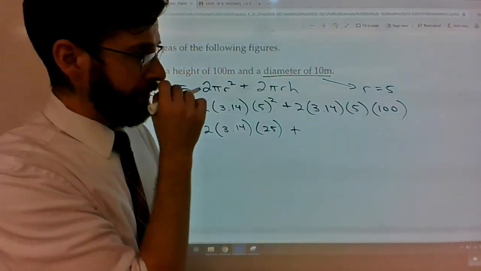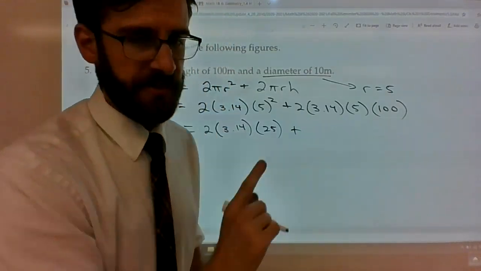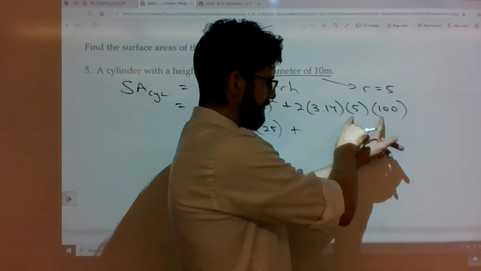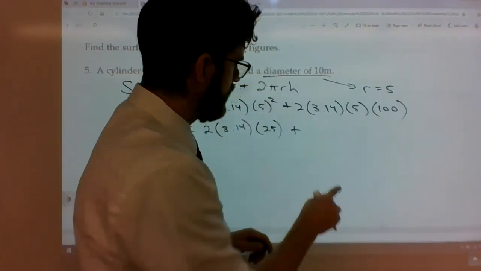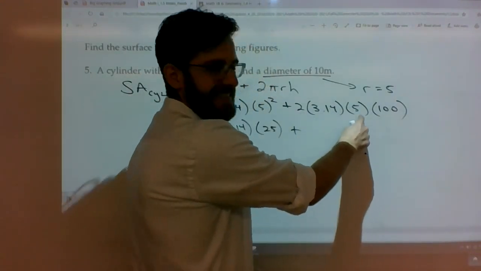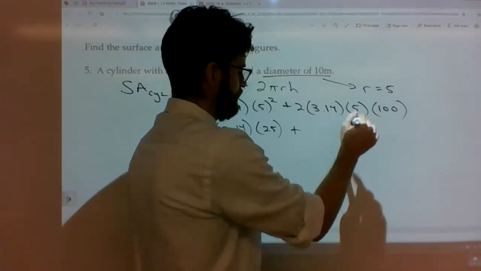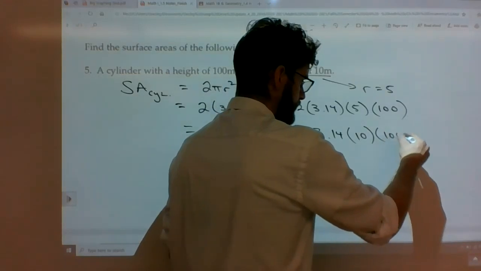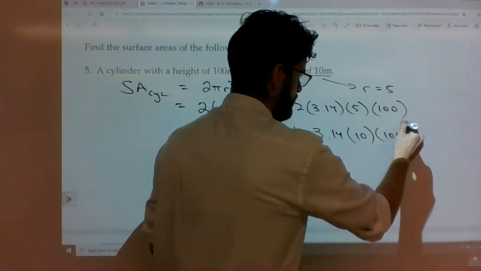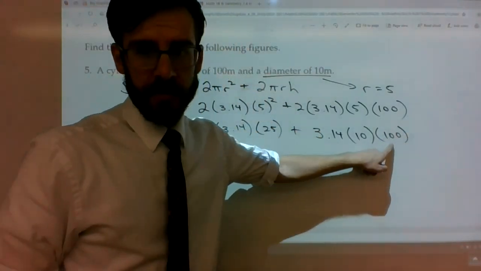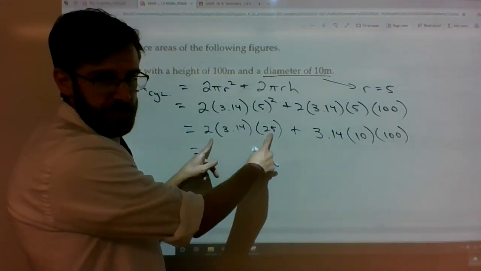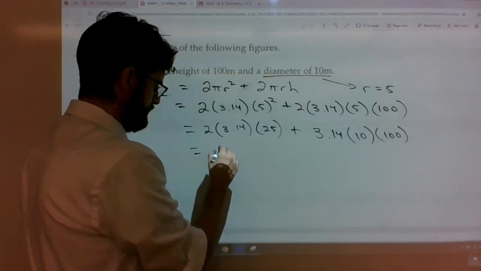Over here. Oh, I'm noticing something here. 100 can be flipped with the 5. Actually, here's what we can do. 2 times 5 is 10. Okay? So this is 3.14 times 10 times 100. 10 times 100 is 1,000. Much like 25 times 2 is 50.